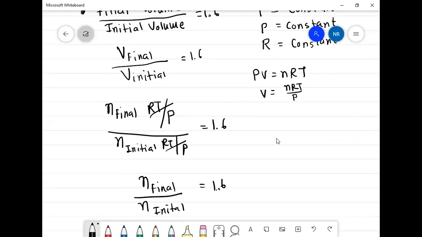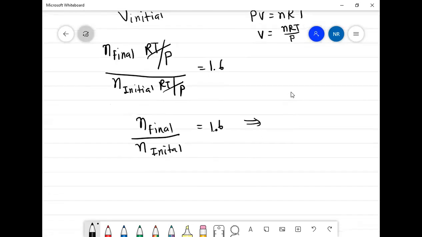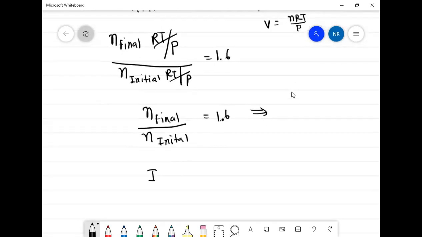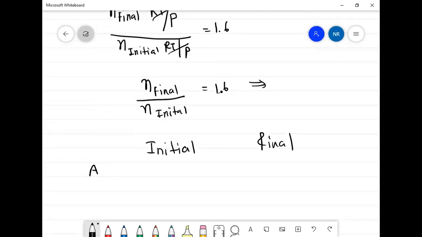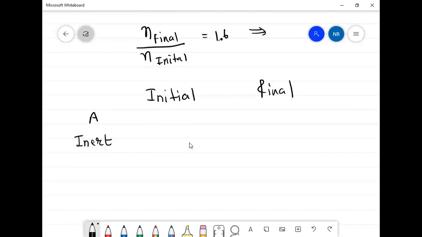Now can you draw one table having initial and final, for the reaction given: A, inert, B and C. We already did this exercise.